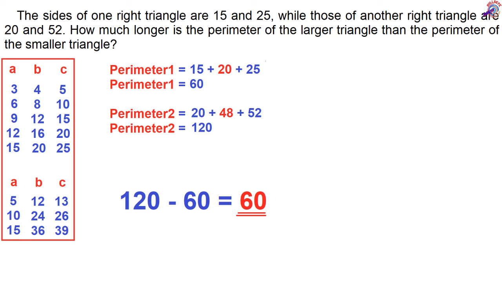We do have some other triples, but if you remember those two, you can come up with your list. You can write down all those lists by multiplying by 2, by 3, by 4, by 5, by 6, and so on. Always remember, Pythagorean triples come from a squared plus b squared equals c squared.